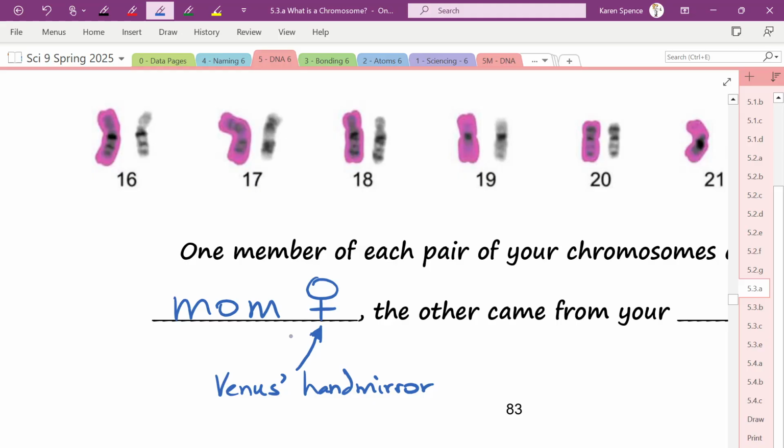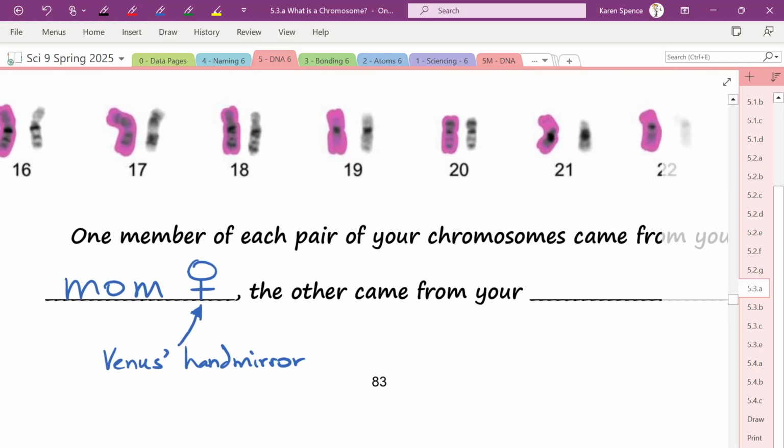So for the female, they have Venus's hand mirror. And then, guess what? We have another stereotype for dad. For dad, whoops. That's how we show the male, and that is Mars's shield and spear.